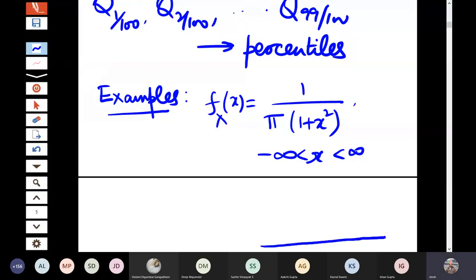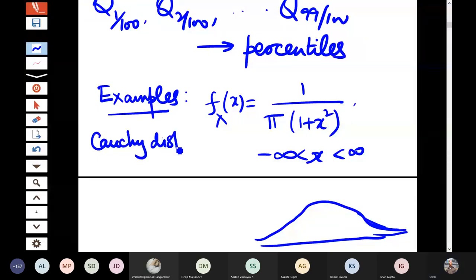So if you draw this distribution, it will be something like this. It is actually known as the Cauchy distribution. And this is a perfectly symmetric distribution around the point 0.